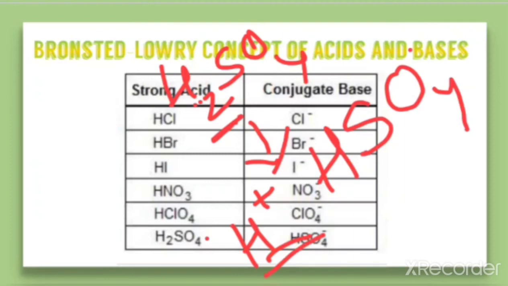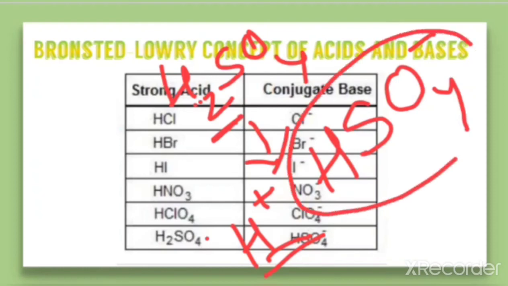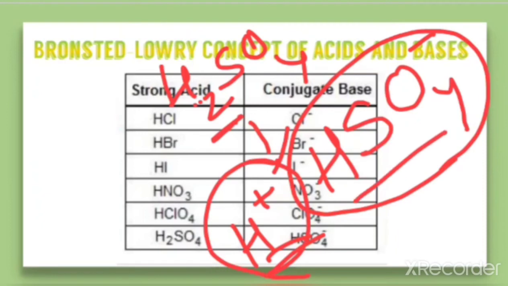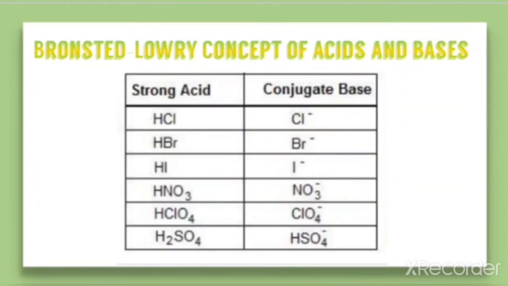So it develops a negative charge. That is important to remember. One positive charge is removed from the neutral molecule, that's why it gives rise to one negative charge, that is HSO4 negative. So the conjugate base for this is HSO4 negative.